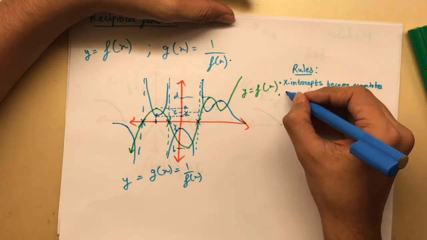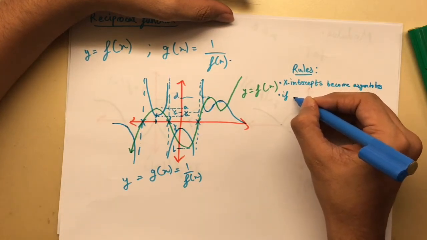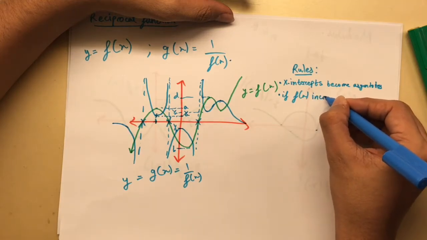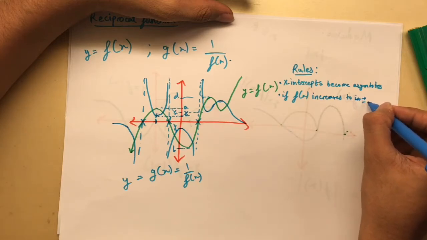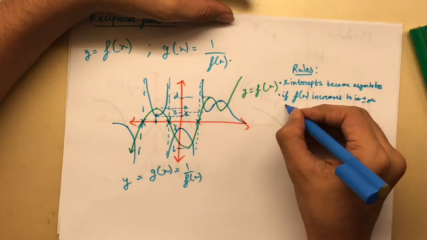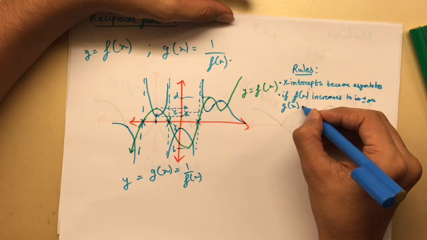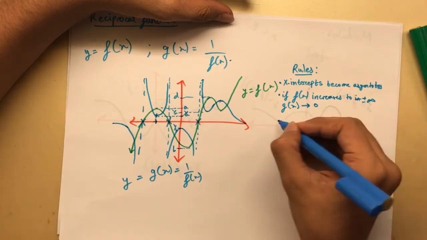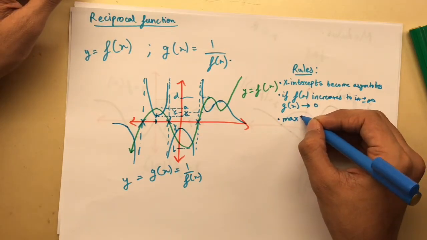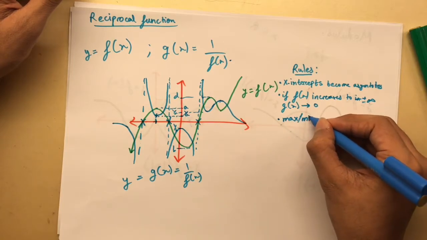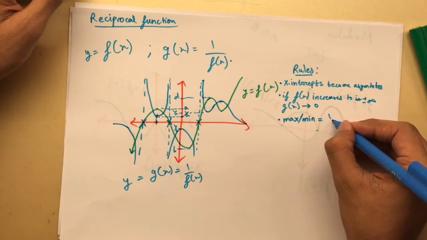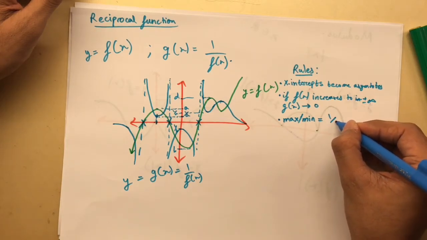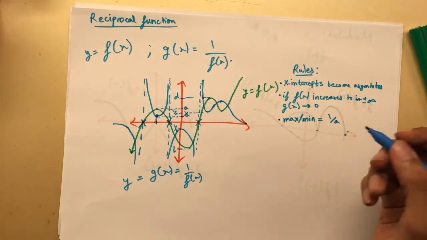Then if the function goes to plus or minus infinity, g of x goes to 0. And the maxima and minima of the function would be at the same places, except the value would just be 1 upon that maximum or minimum.